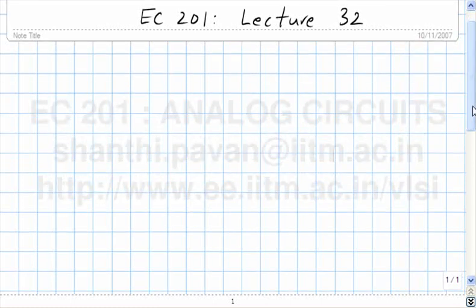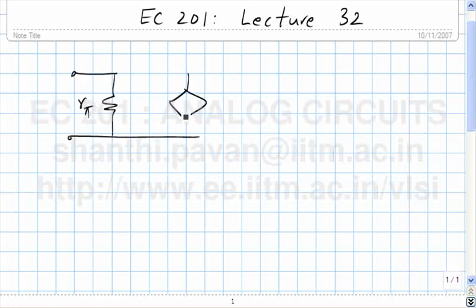So yesterday we were looking at alternative small signal models for the bipolar junction transistor, and we started off with what we knew, namely the hybrid pi model. This is the base, this is the emitter, and this is the collector.